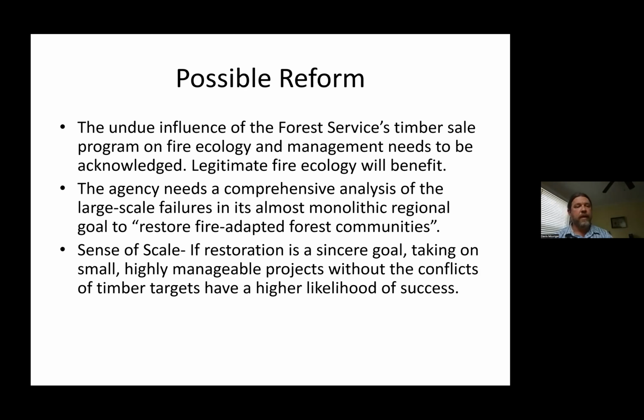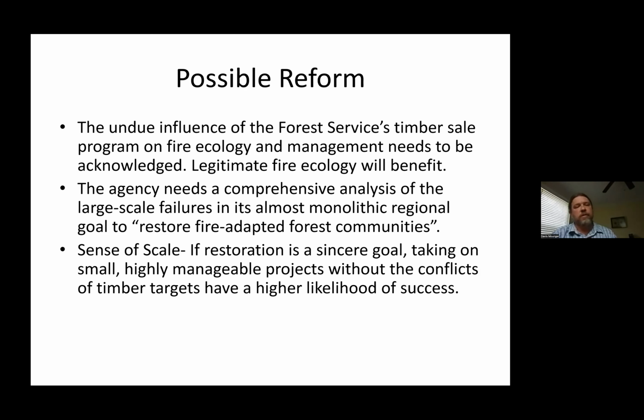We also think some of the groups who have been supporting this stuff for over 20 years, who are very influential with the agency and elected officials, might take a look at this systemic problem, rethink their support, and use their influence to help the agency reform some of this.